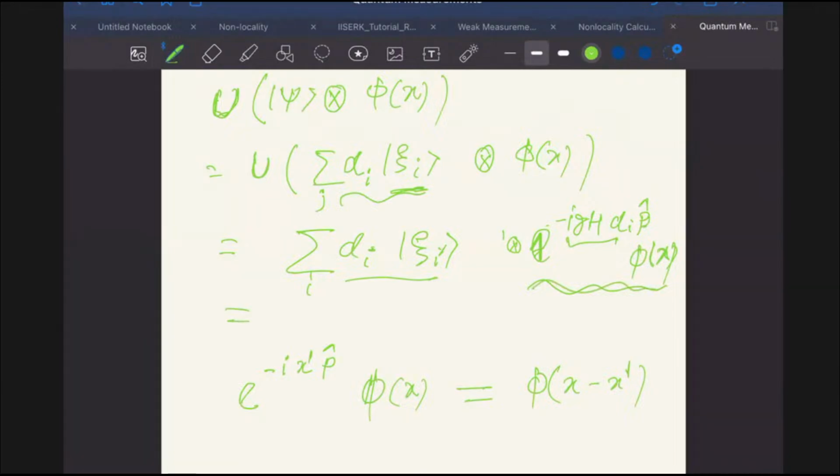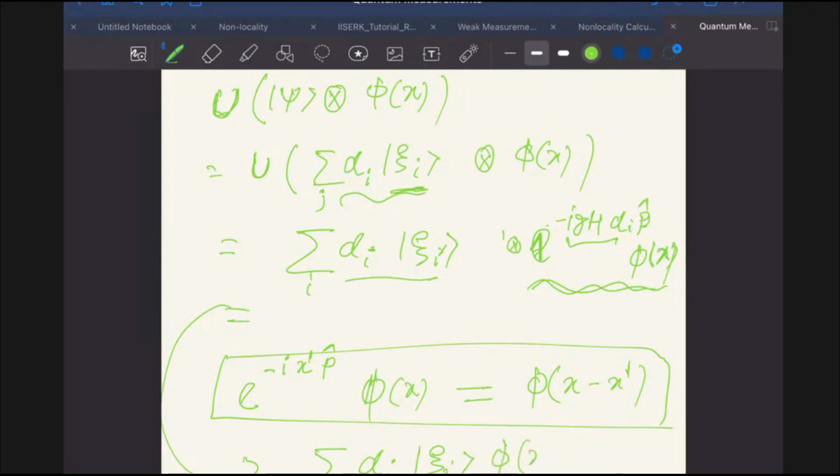So now come back to here. After this unitary evolution, what does it become? I, and this will become some phi of x minus this term, right?